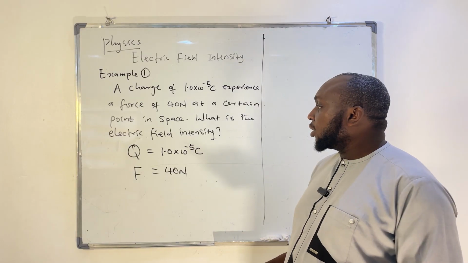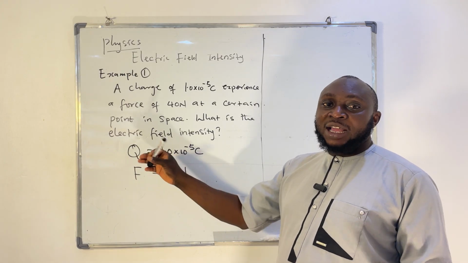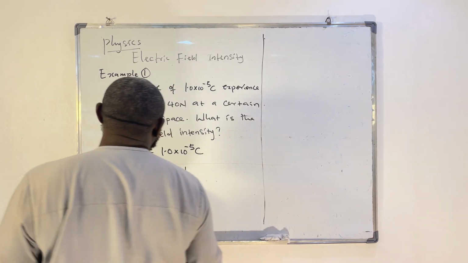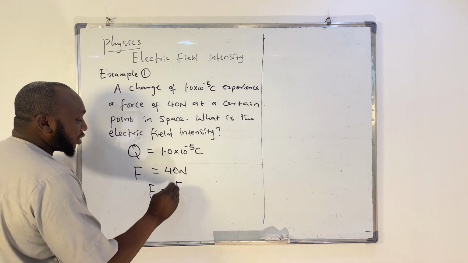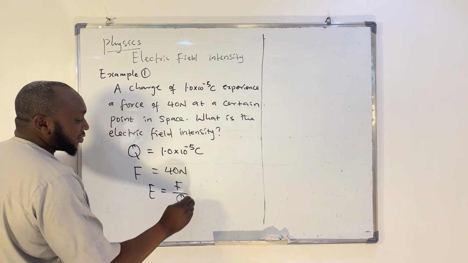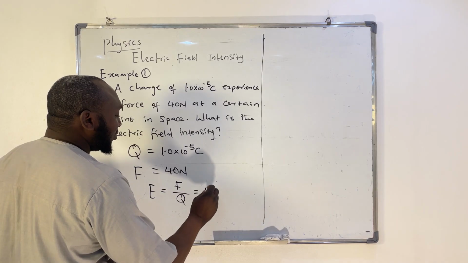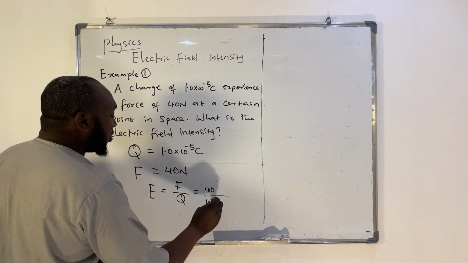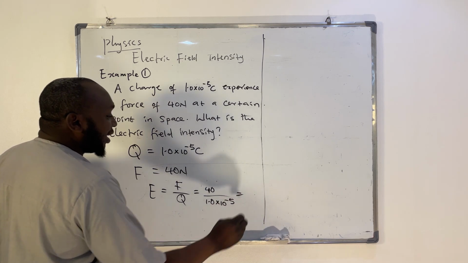Formula 1 we use when the force and charge are given to us. Electric field intensity is equal to force over charge. Force is 40 Newton. Charge is 1.0 times 10 to the power of minus 5.